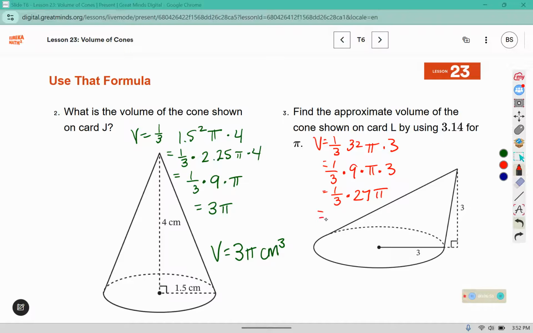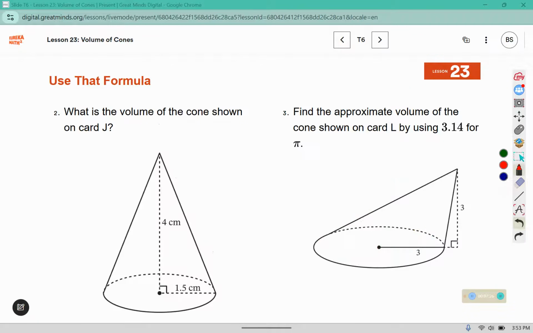A third of 27 is 9. But we're replacing pi with 3.14. So 9 times 3.14 is 28.26, and that would be in units cubed. Remember, this is the approximation, so we replace pi with that value we're approximating it as.